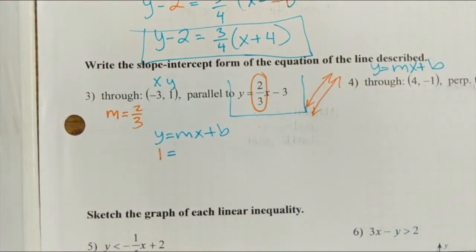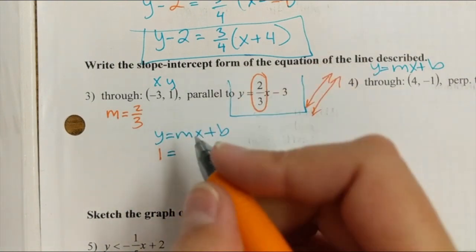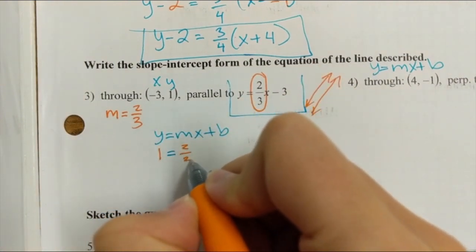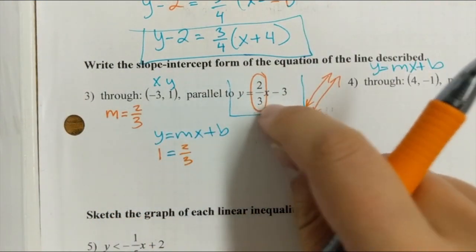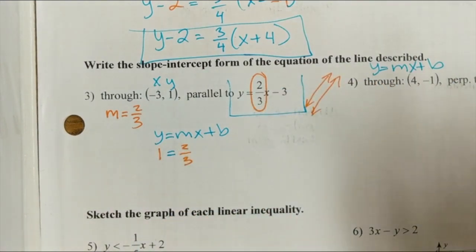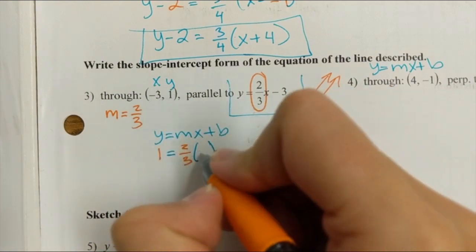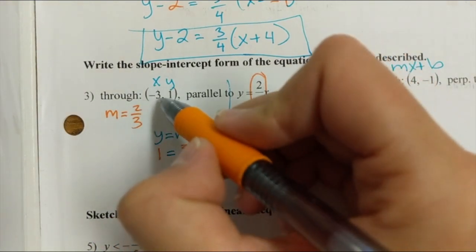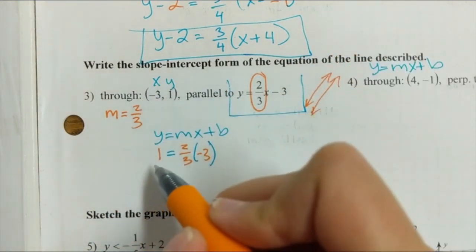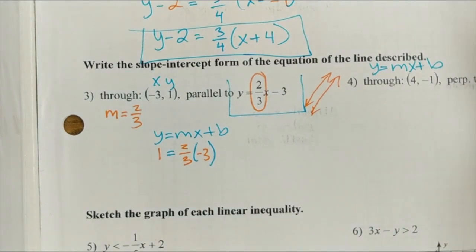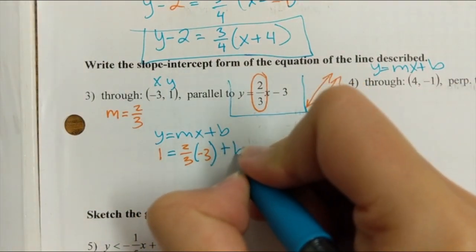Then I'm going to plug in 2/3 for m, because the slope of our line needs to be the same as the slope of the line it's parallel to. Then I'm going to plug in -3 for x, because -3 is the corresponding x value for the point that we've already put 1 in for. And then plus b, that's what we're solving for.